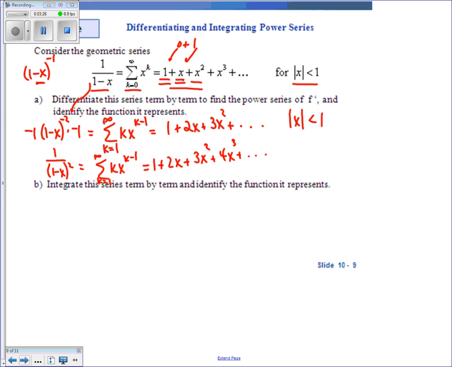Okay, now let's check the endpoints and see if it actually exists there. If I take this power series representation here and put in x equal to -1, I would have the summation of -1, I'm putting it in for the x, not the k, so -1 to the k minus 1 times k.